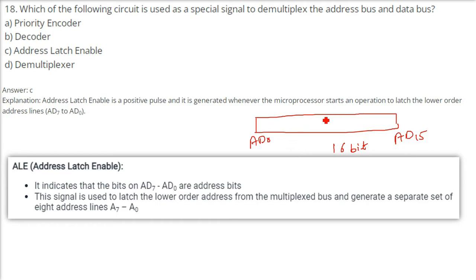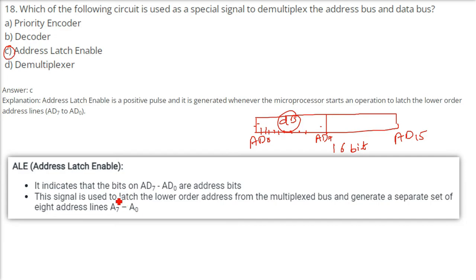But one part, the lower part AD0 to AD7, also works as the data bus. Now, who is going to decide when all 16 bits will be used as the address bus, or only the first 8 bits will be used as the data bus?